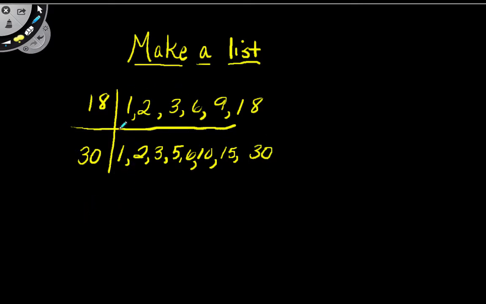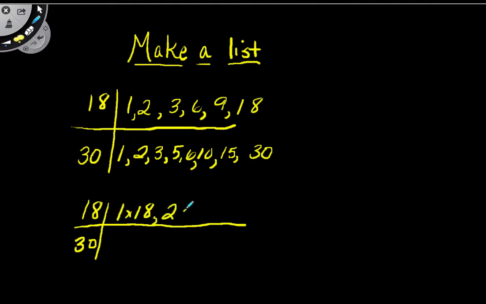Another way you can do it if you don't understand why we're making the list like this is like this. Same setup. And you can just write it like this. 1 times 18, 2 times 9, and 3 times 6.